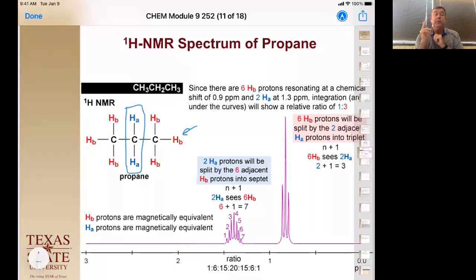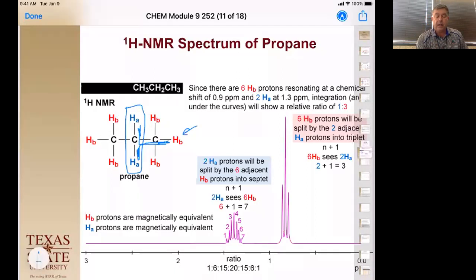Rule number 2, you look for the number of hydrogens that are within 3 bonds. So we have 1, 2, 3, 1, 2, 3. We have 2 non-equivalent hydrogens within 3 bonds of those equivalent protons.